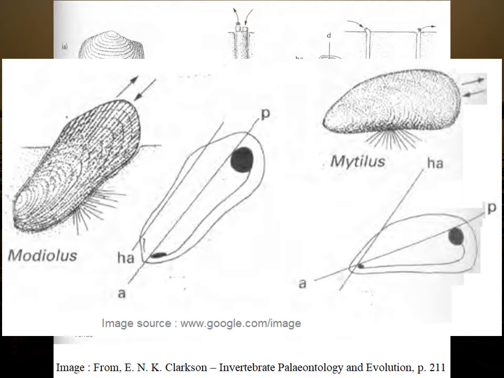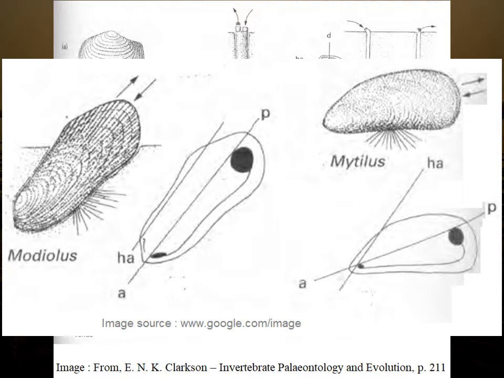And interestingly, these two bivalves are very closely related, but because of their different life position, the different life mode, one is relatively infaunal and the other is completely epifaunal, their shell morphology changes.